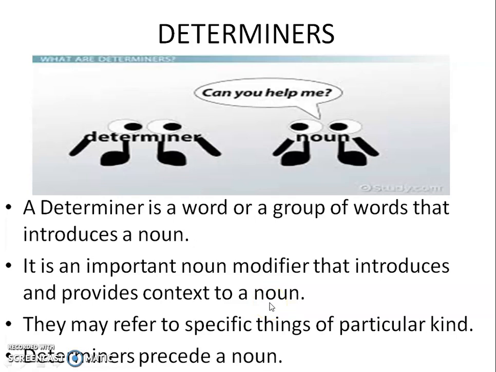Or else, determiners are the words which we use with nouns to help limit or modify the meaning of the noun. They may refer to a specific thing of a particular kind, right? And determiners precede a noun. As I told you, first the determiner comes in, then the noun comes.